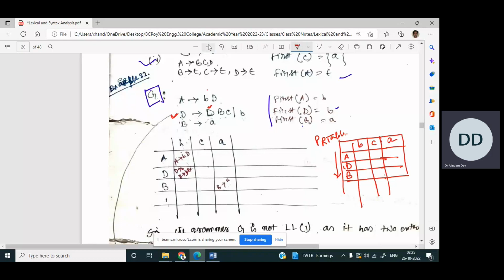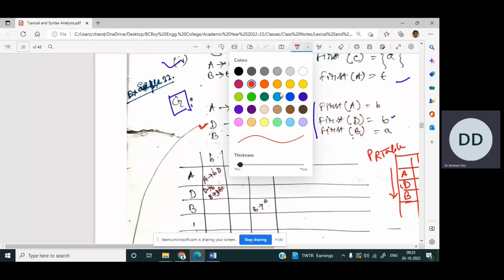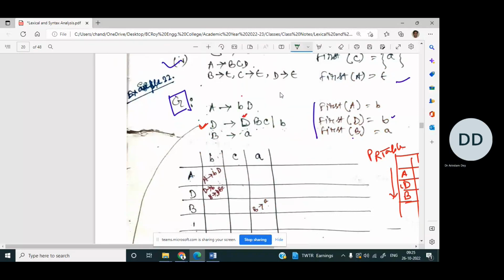Now I'm zooming this section here. In this table, first of A, it is small a. Sorry, it is not small a. First of A, it is small b.